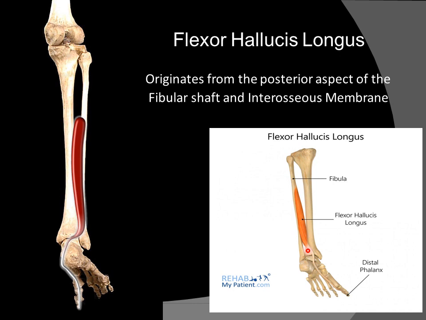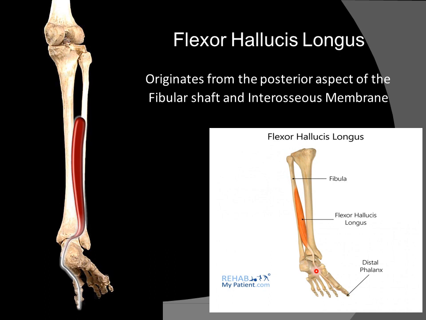Its tendon grooves two bones, the talus and the calcaneum. In the sole, it is crossed superficially by the tendon of flexor digitorum longus. So this is about the tendon of the flexor hallucis longus.